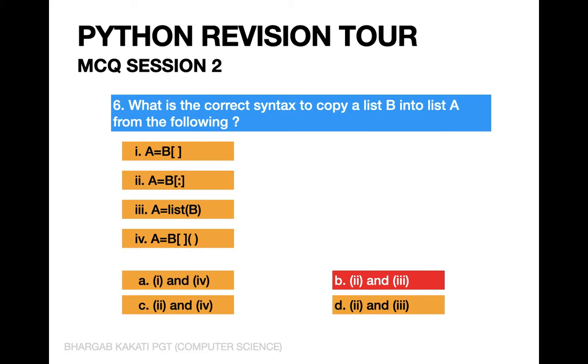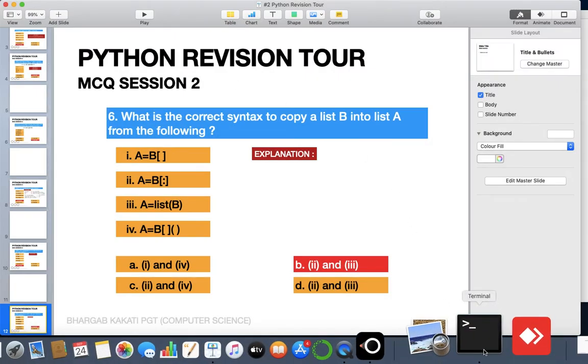So if you execute it, you will find that option 1 and option 4 will give you errors and will not do the work of copying. But if you are using option 2 and 3, you will see that list B has been copied into list A. You can check it out for yourself. Okay, let me just do it for you.